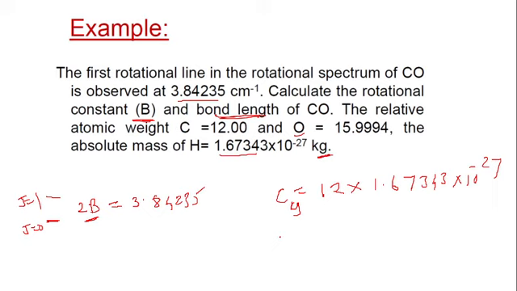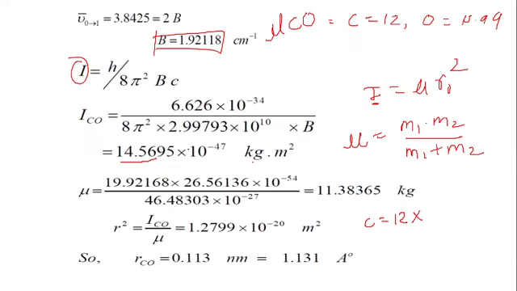In this manner, we can find the mass of oxygen in kg, which is equal to 15.9994 into 1.67343 into 10 raised to minus 27. By multiplying these values, we get 19.92168 and 26.56 into 10 raised to minus 58.